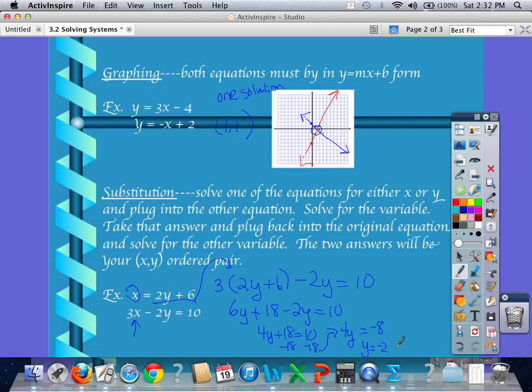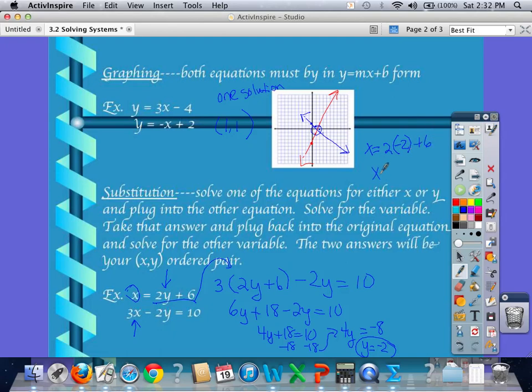Alright, so that's going to be my y coordinate. I take that y coordinate and I'm going to plug it into my original equation for my x value. So x is going to be equal to 2 times, and y is now negative 2, plus 6.